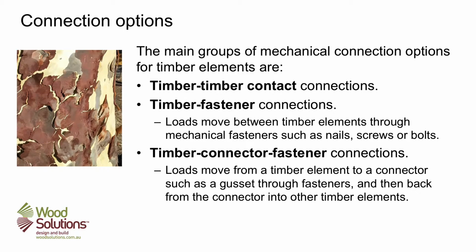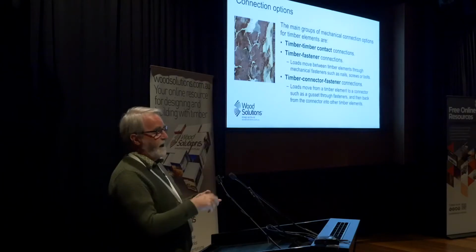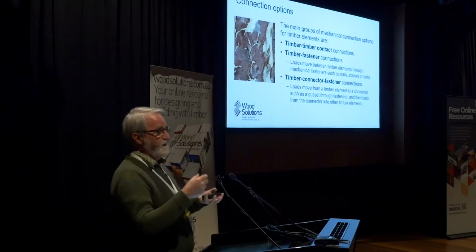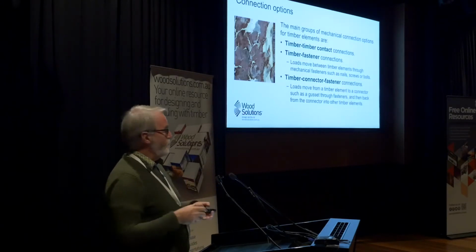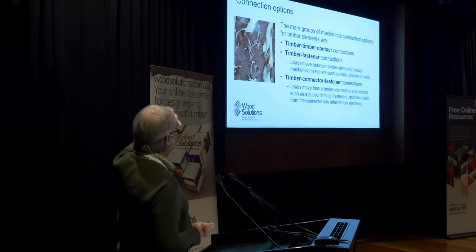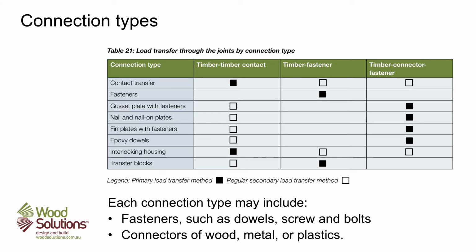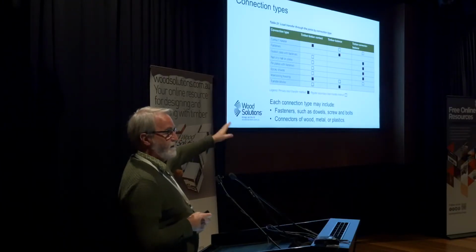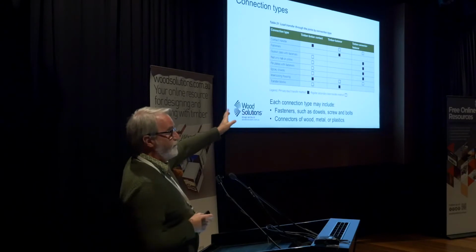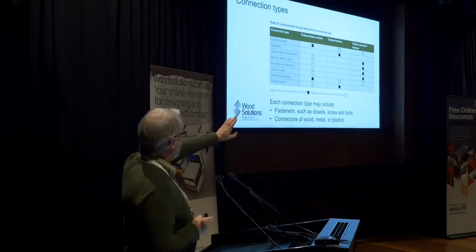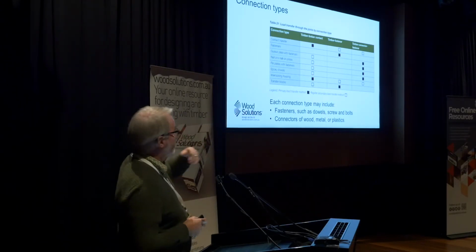So you're shedding load from the wood into a connector, through the fasteners, and then back into the wood again through the fasteners. So we look at the various types of connections you can actually have from an architectural or an assembly point of view, and look at how they operate, whether they're timber to timber, timber to fastener, or timber connectors to fasteners.